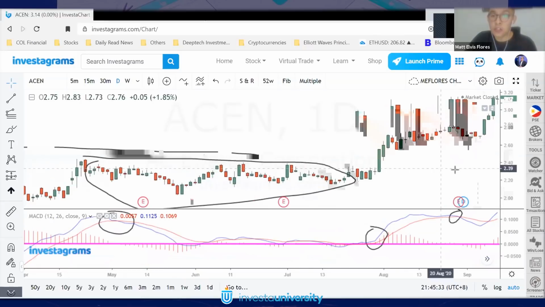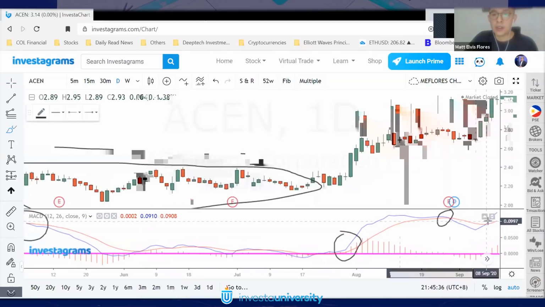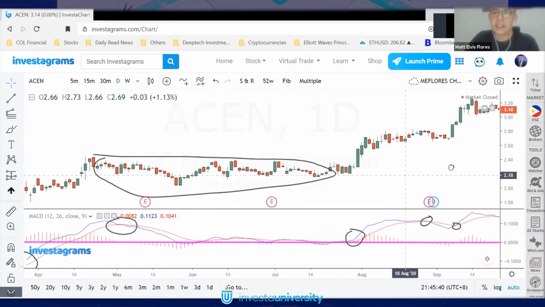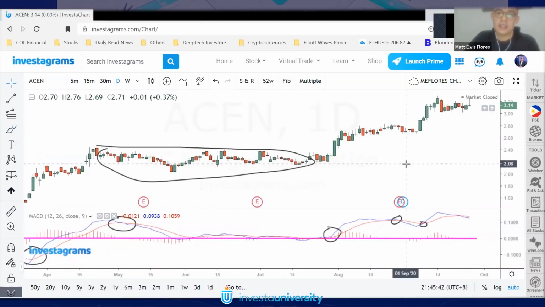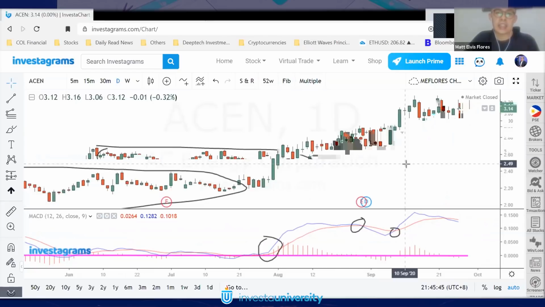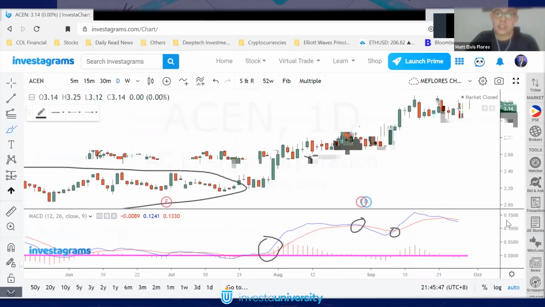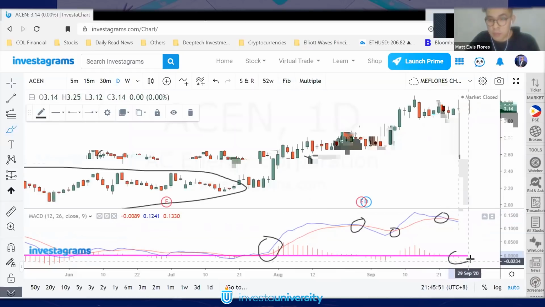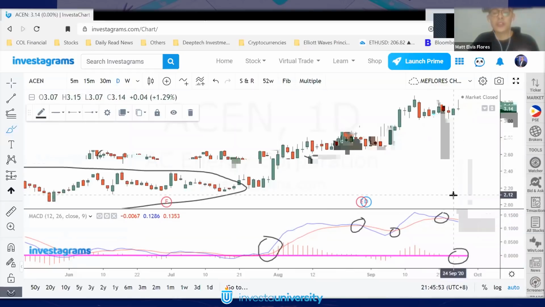You have your crossover, you have your MACD crossover again, diba? And then another. So, ano na naman pinapakita sa atin ng ASEN using just MACD? You have your crossover, you have your histograms pababa. So, the question now, using this example, ASEN, AC Energy Corporation, are you going to buy?